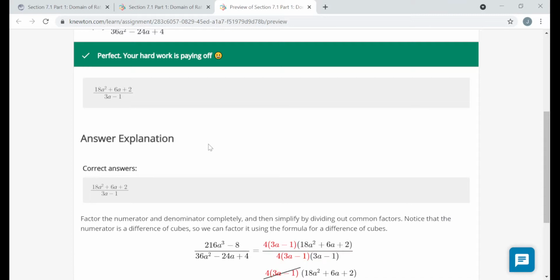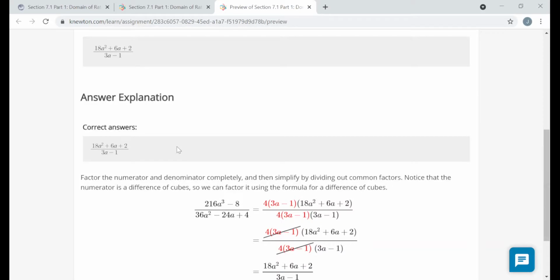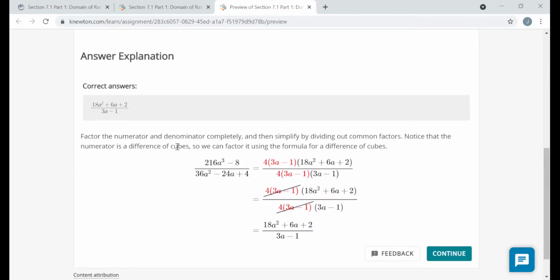All right. And then after every question, whether you get it right or wrong, there's an answer explanation. Please read this if you got it right or wrong. If you got it right, read through it and make sure you got it right for the right reasons, that you didn't just get lucky.